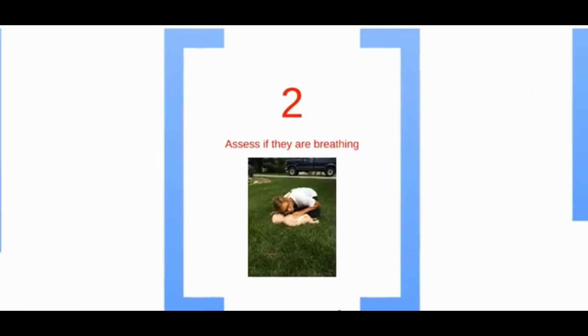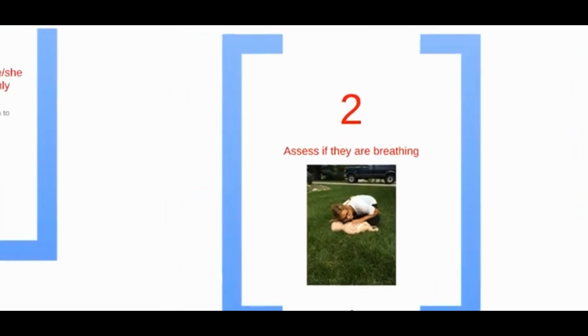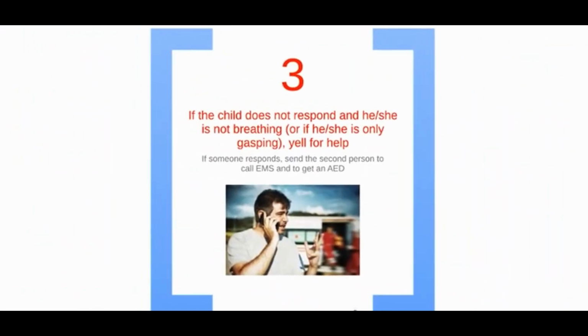Step 2 is to assess if they are breathing. If the infant is not breathing or responsive, yell for help. If someone responds, send him or her to call the EMS and to get an AED, in which case you would be doing 2 rescuer basic life support.